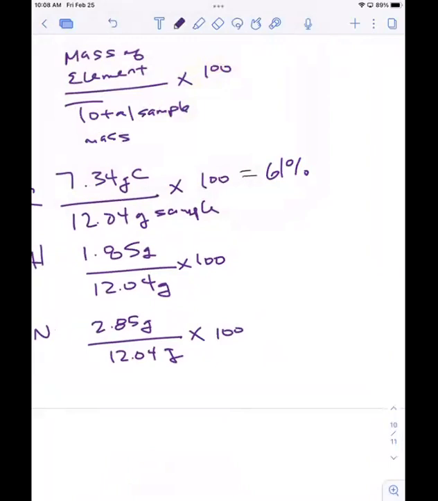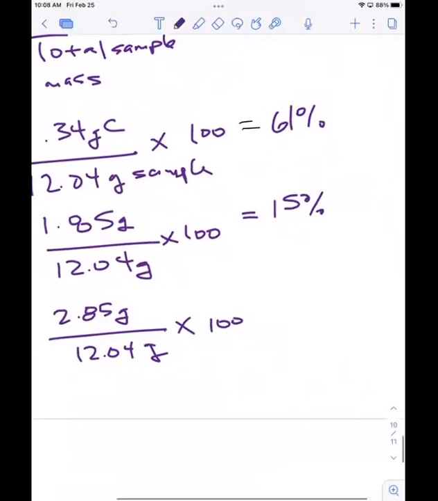And then we do 1.85 divided by 12.04. This is 15, we can round down to 15%. So the last one will have to be 24%, at least, because 15 plus 61 is 76.